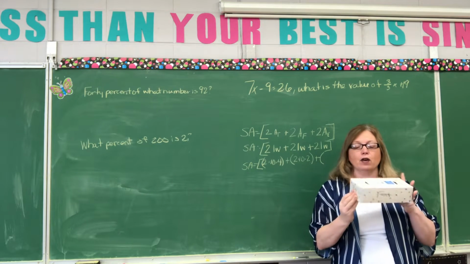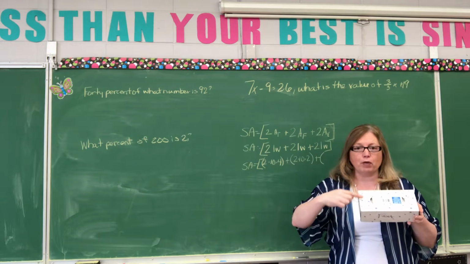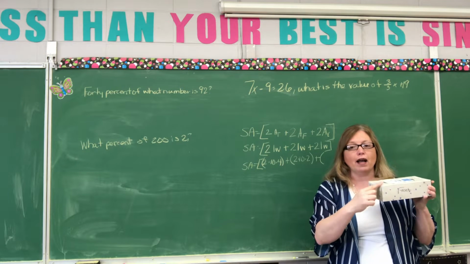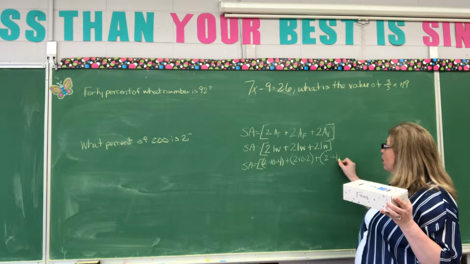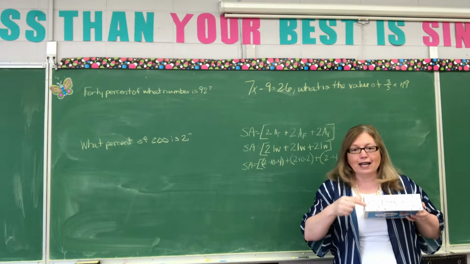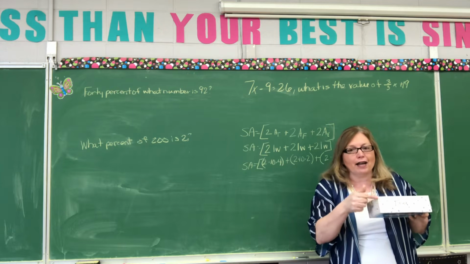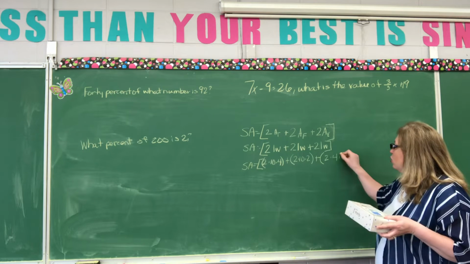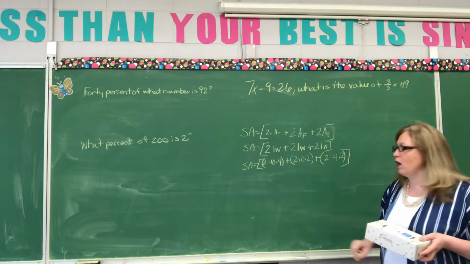This end, when this is 10 and this was 4, right? The width at the top was 4. That's going to be the what? The length of the end. So I'm going to put 2 times 4. And I told you that the height of this box on the front was 2. So that means it's going to be the height of the box on the side, right? So that is 2. Now, all I need to do is go back and solve this.